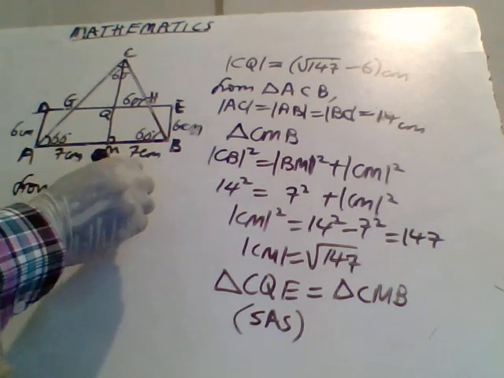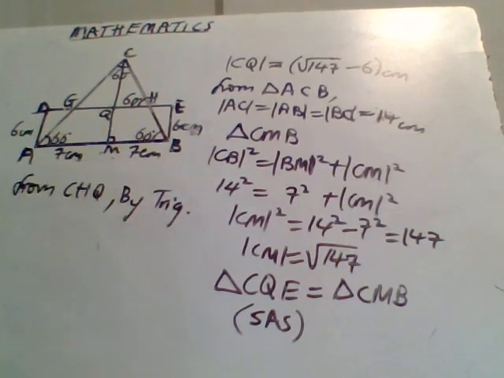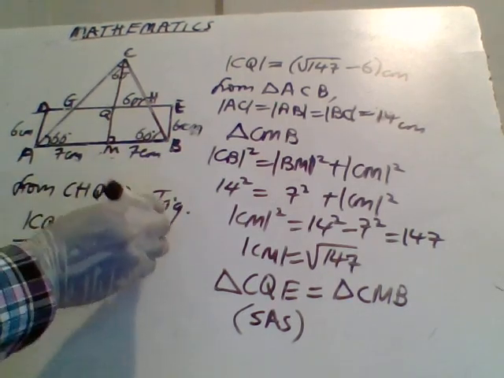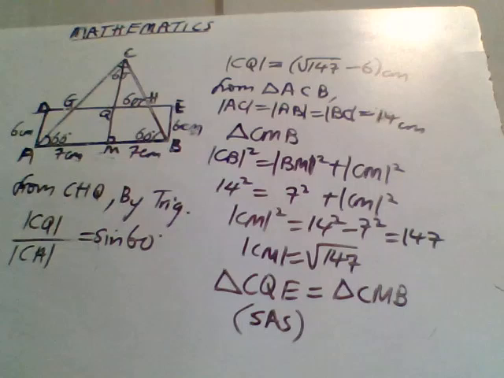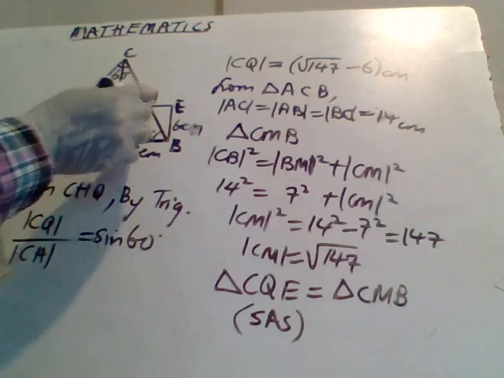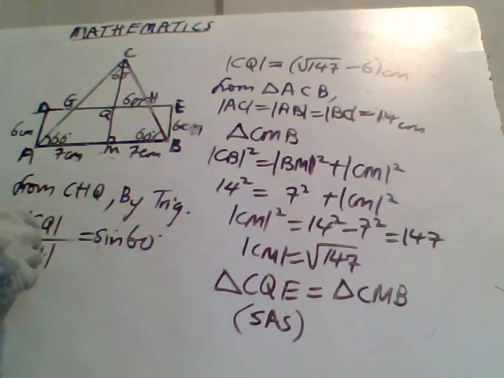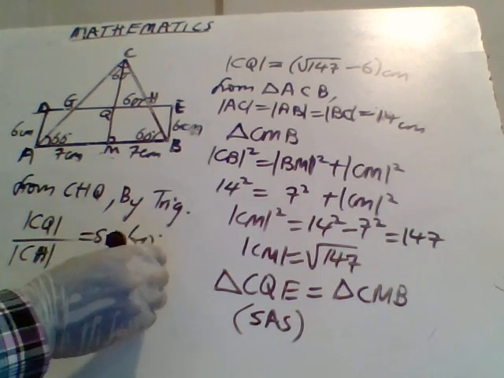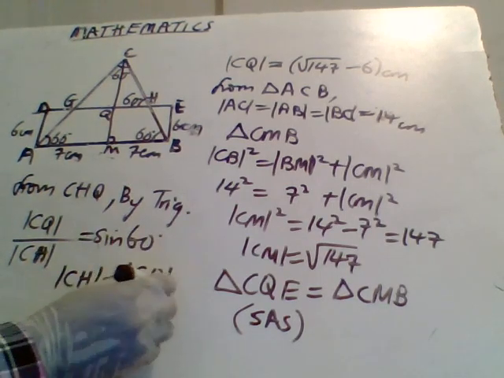So by trigonometry, you have CQ divided by CH is equals to sine what? Sine 60. So we are looking for CH. We are looking for CH. Is it not? So from here, cross multiply, you have CH is equals to CQ divided by sine 60.